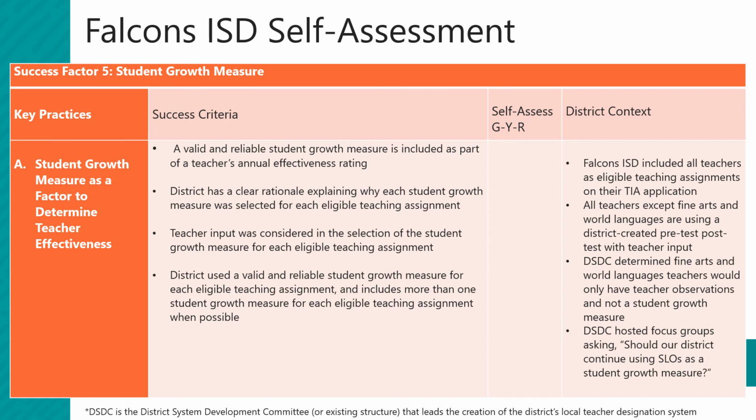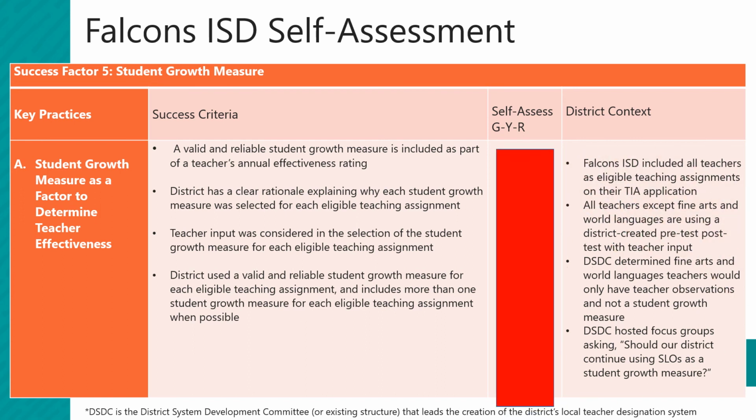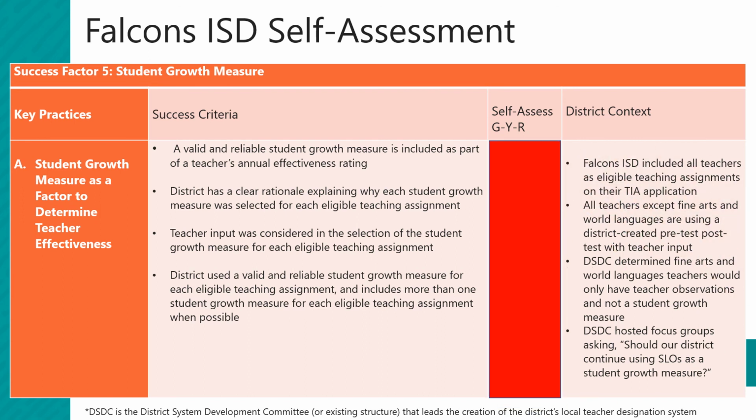That is required in statute, so it automatically indicates that this particular key practice is red. Although there are other components within the district context, because the District System Development Committee determined that there would only be teacher observation and not a student growth measure for fine arts and world language teachers, there is no need to move further in determining what the other components would be.